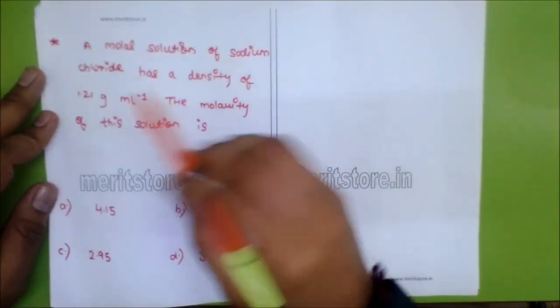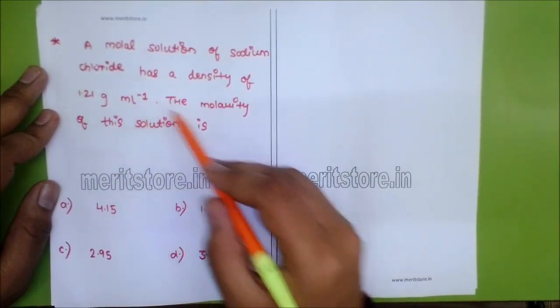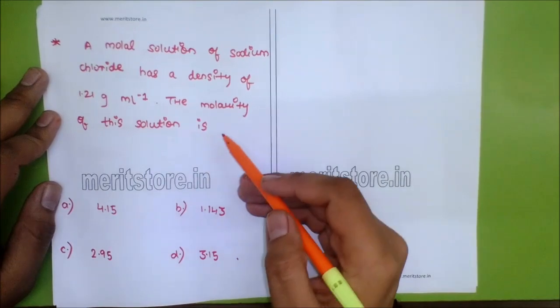A molal solution of sodium chloride has density of 1.21 gram per ml. The molarity of the solution is.